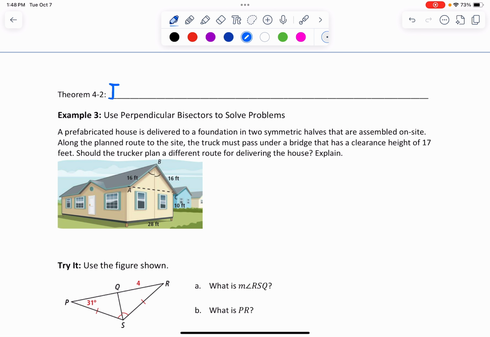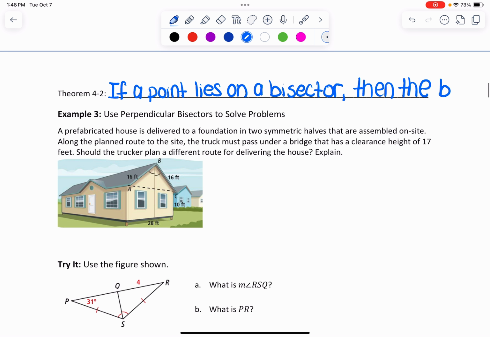Theorem 4.2 says if a point lies on a bisector, then the base cuts into 2 congruent parts. Okay, so I think the best way to show this is through an example.